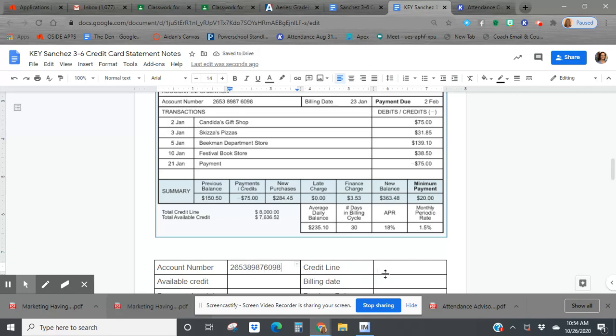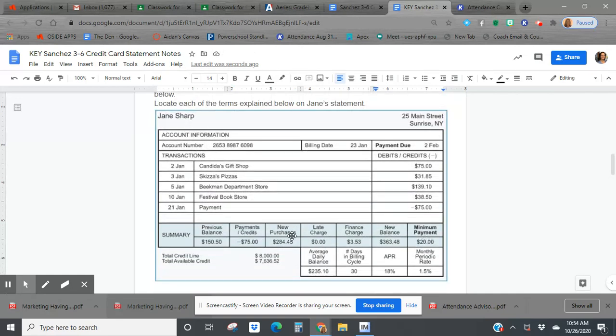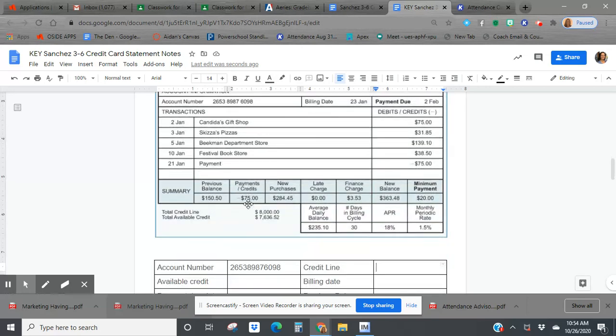Right, what is her credit line? So looking around on here, we have billing date, payment due, all the different transactions, previous balance, payments, and right here under all that is the total credit line. That's $8,000.